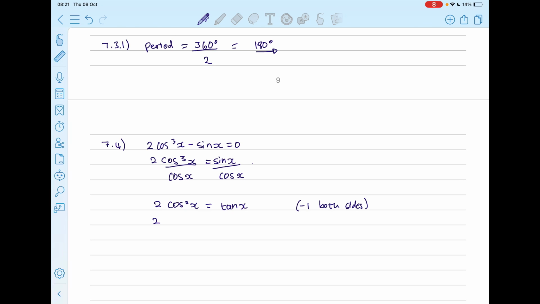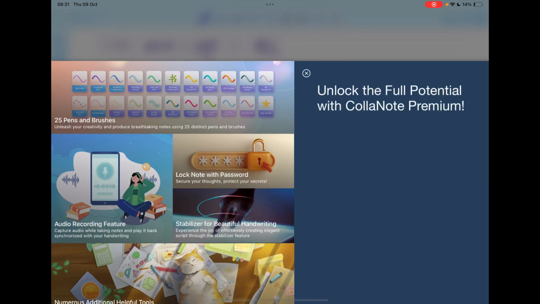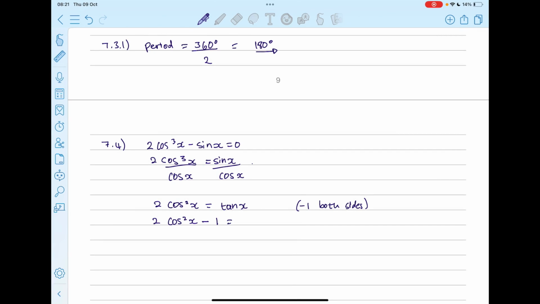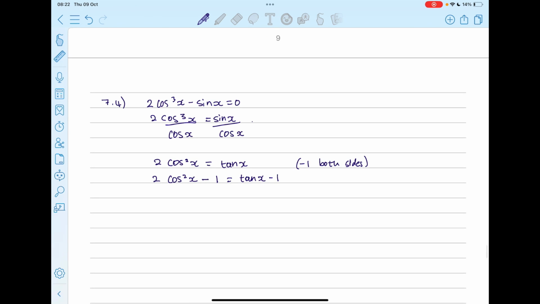Now the left hand side looks like our double angle identity, cos 2x is equal to tan x minus 1. Now we can take the 1 to the left because that will look like the graph of G. So cos 2x plus 1 is equal to tan x.